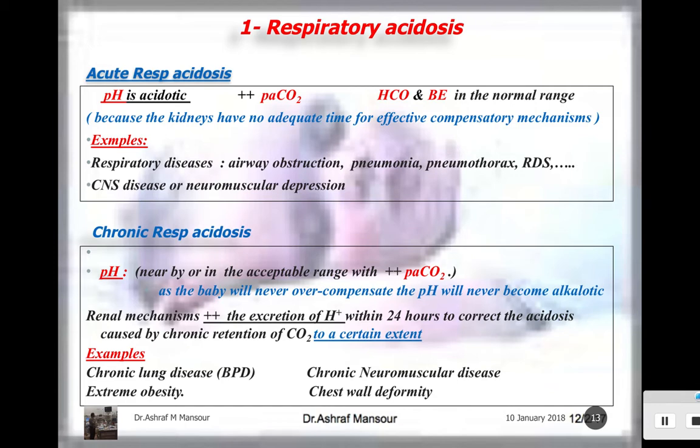You will find that the body, as a compensatory, there is enough time for the renal mechanism to excrete more hydrogen ion and to create absorption of more bicarb, so it will try to return the pH to near normal, so there is a compensation. You will see this like in chronic lung disease, chronic neuromuscular disorder, chest wall deformity, and extreme obesity in some children.